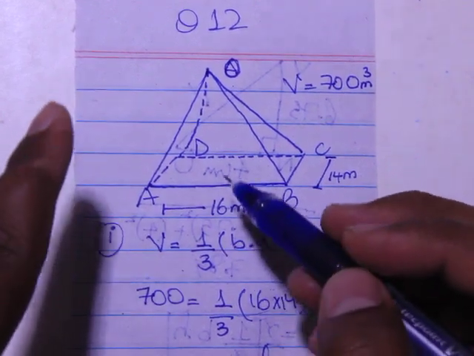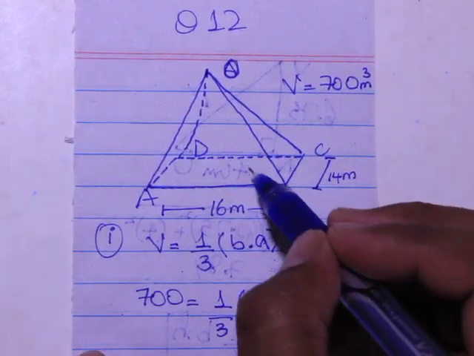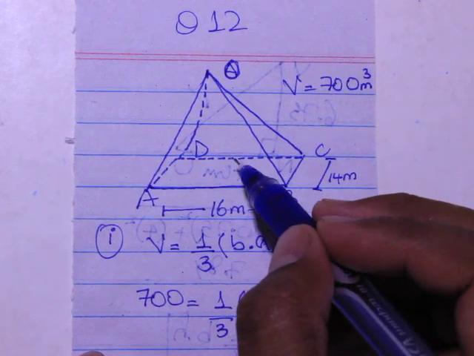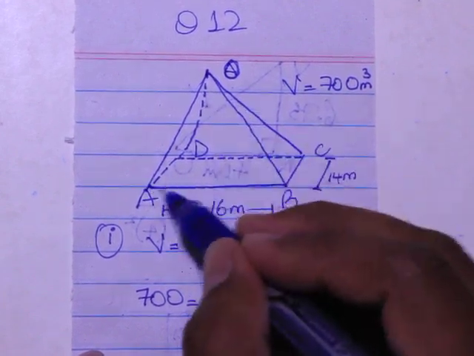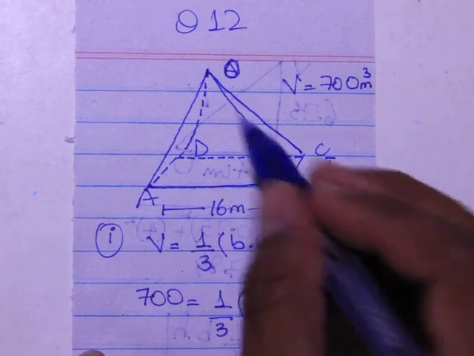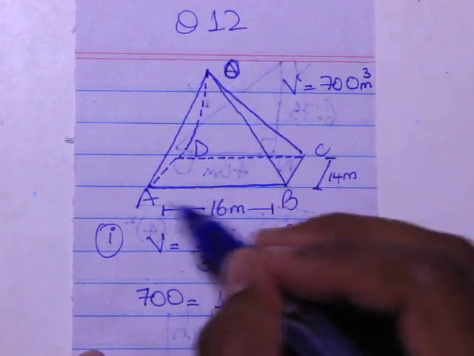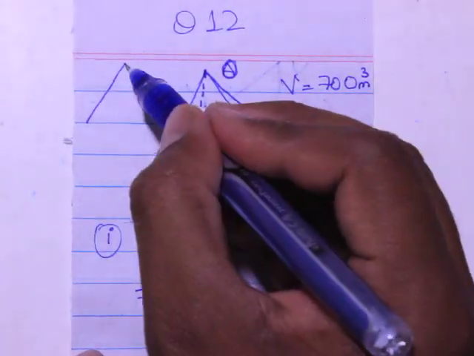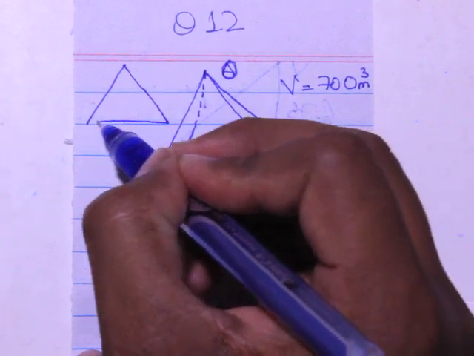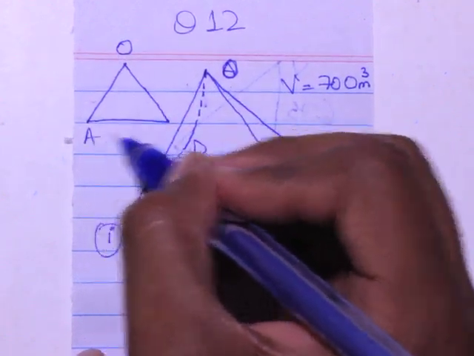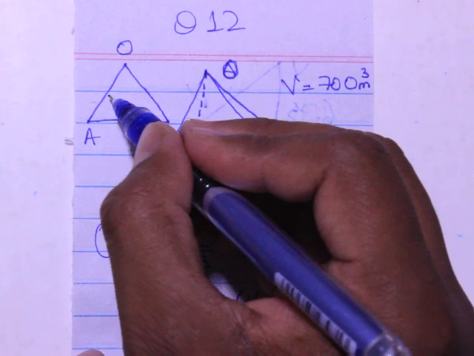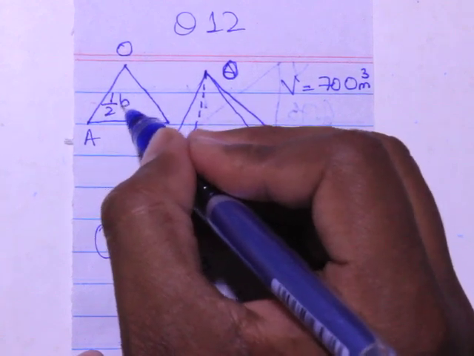So it means we want the four faces and this rectangular base as well. Let me clear one thing again here. If I want to find the area of this triangular face which faces the camera, this OAB, it must have the formula 1 upon 2 base into height.